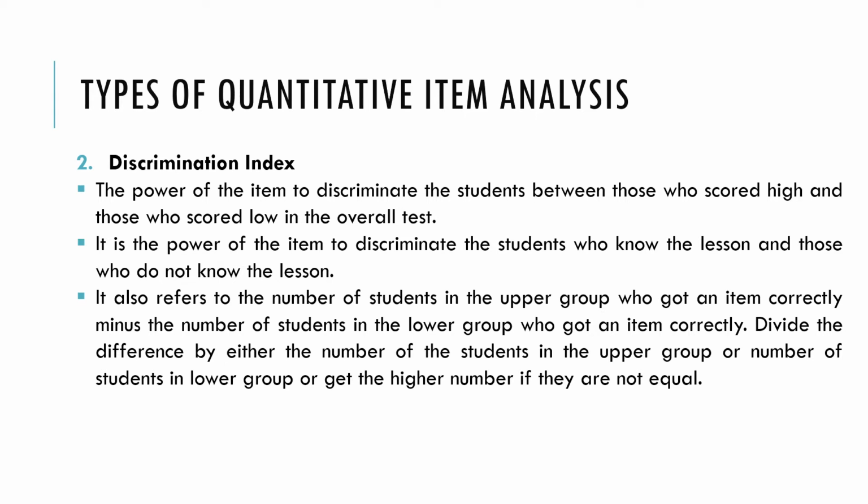So meaning to say, when we say discrimination index, kasi nga gusto nating malaman total discrimination between the upper at saka lower, kung ilang estudyante nakasagot sa upper group, minus natin yan sa estudyante na nakasagot sa lower group.